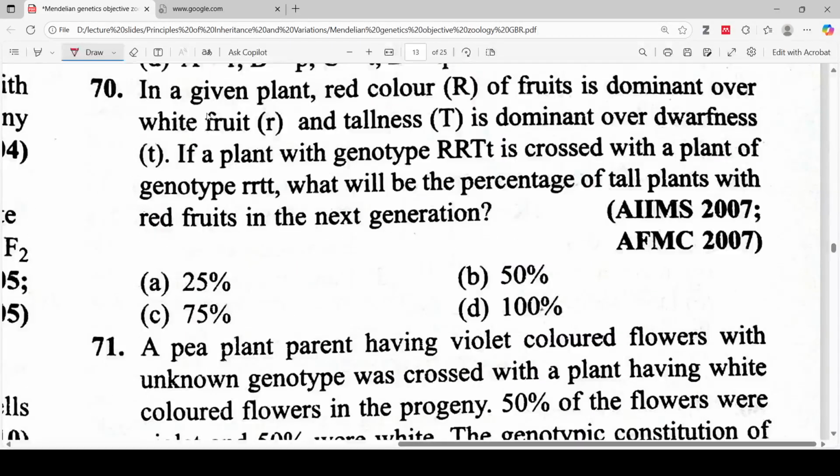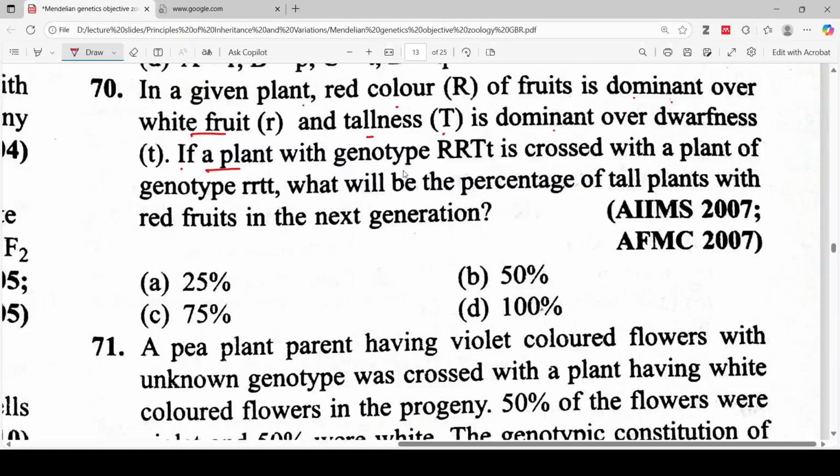Next question. In a given plant, red color R of fruits is dominant over white, and tall allele T is dominant over dwarfness t.